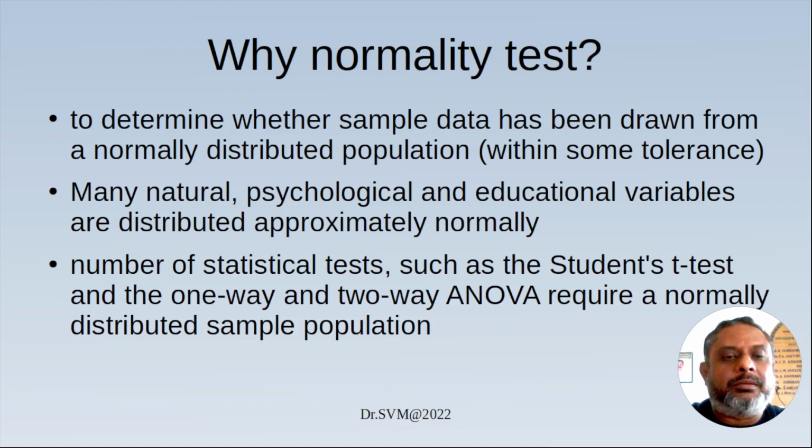Then we know that many natural, psychological, or educational variables are distributed approximately normally. If you look at educational variables like marks scored in a class, then on average 50% scoring is by the majority of the students. Very few people score 0 marks, and only 1 or 2, or maybe none, score 100 out of 100.